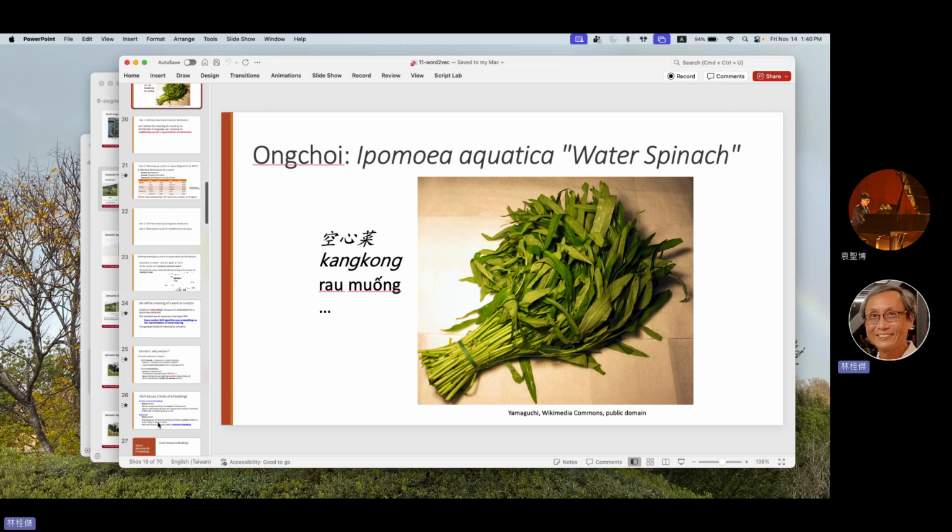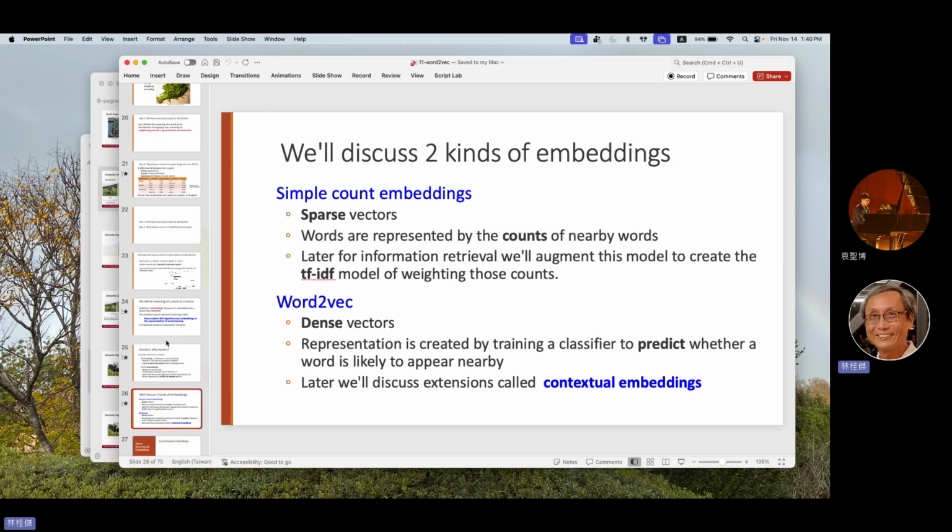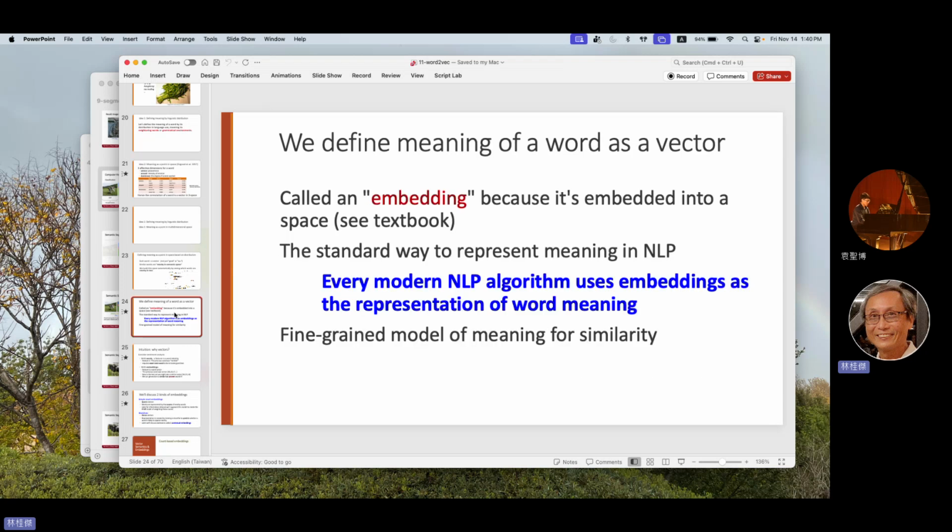So vector semantics is the idea that we want to be able to come up with some embedding. We want to define the meaning of the word as a vector. We want to define such a space, then we can put each word in a specific location in the space.